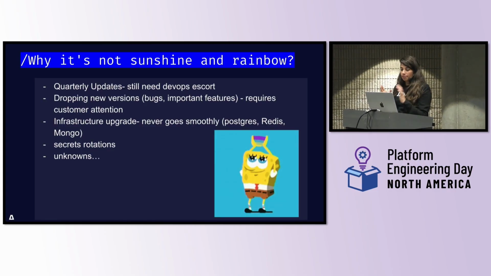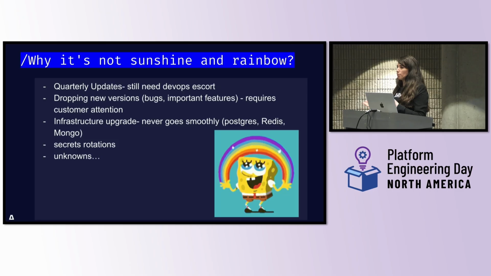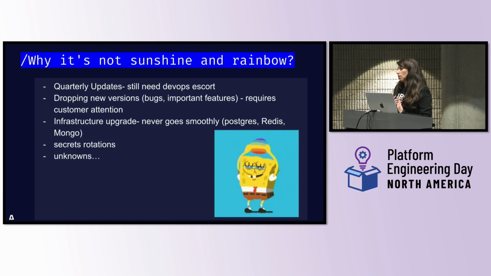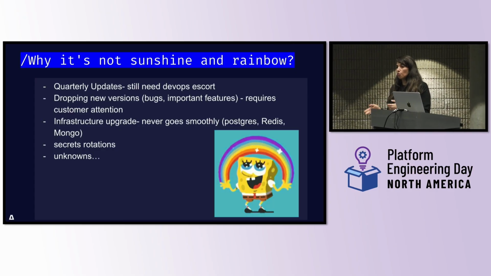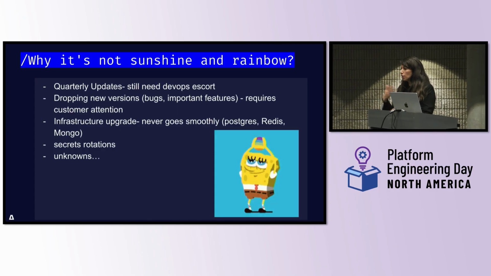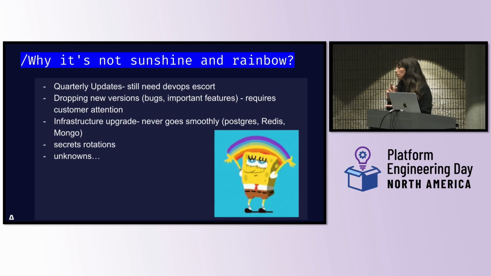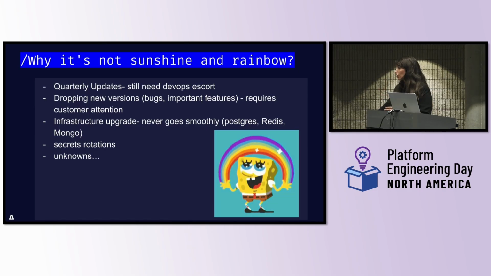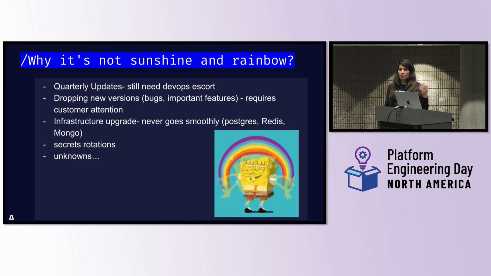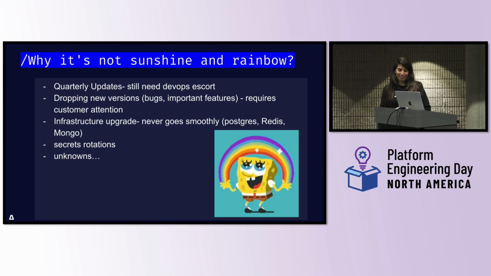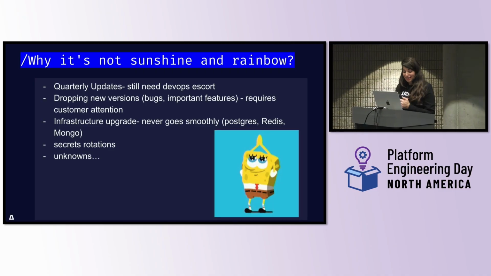And also the infrastructure upgrade. Because we are working on a SaaS environment, and not on-premise, we need to continuously upgrade the Mongo, Postgres, all the infrastructure stuff. Who says Bitnami? And all those issues are really hard.